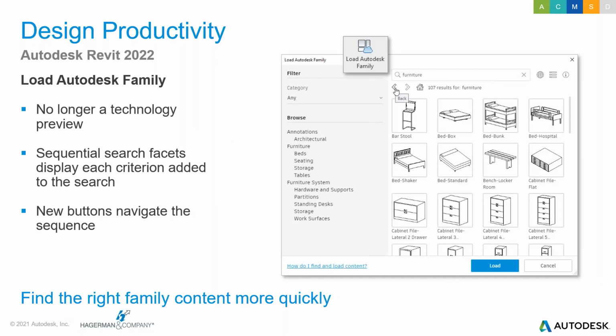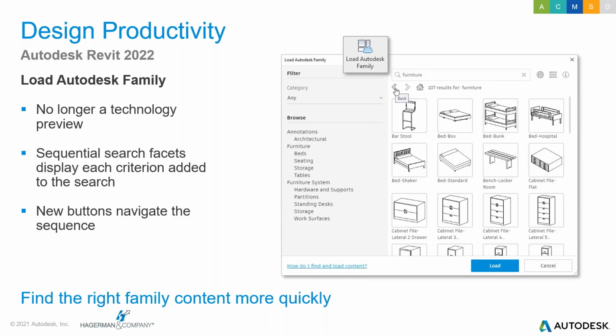All right. The Load Autodesk Family tool opens a dialog that displays default content provided by Autodesk. This content is accessed from a cloud-based repository. In Revit 2022, the Load Autodesk Family tool is no longer designated a technology preview, and it adds navigation elements to help you find families to load into your model.